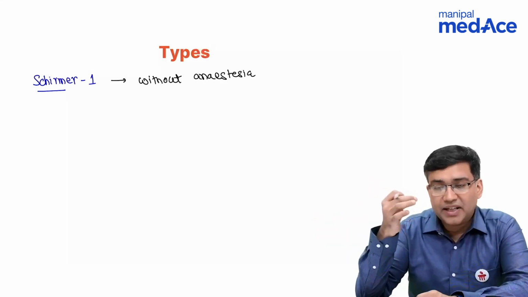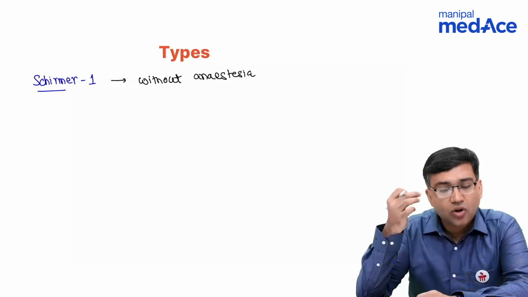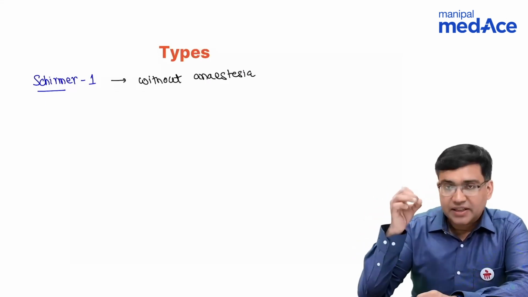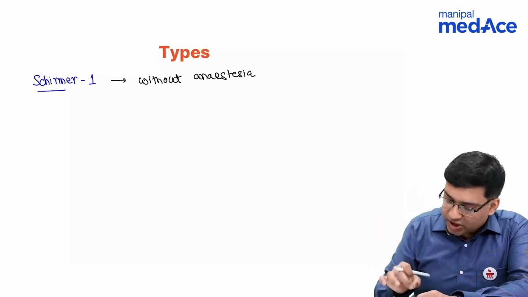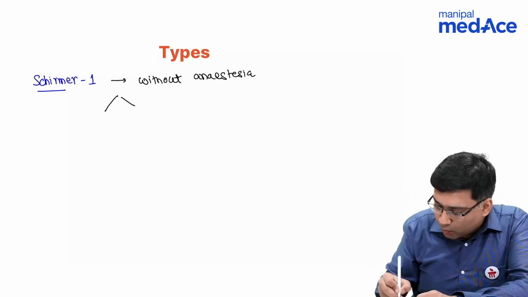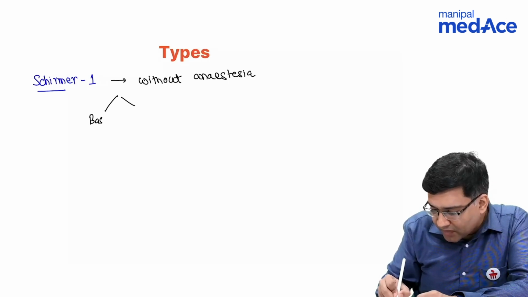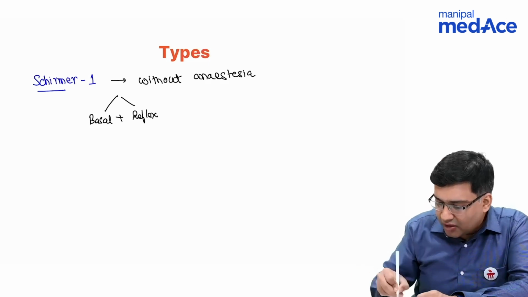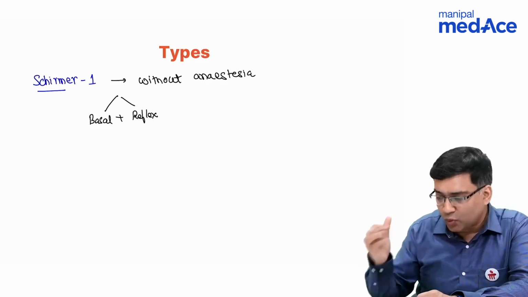When you are touching the cornea or the conjunctiva, because of the reflex secretion, there is a lot of water. So Schirmer's 1 is without anesthesia, and it tests both your basal as well as your reflex secretion. So the values would be higher with the Schirmer 1.